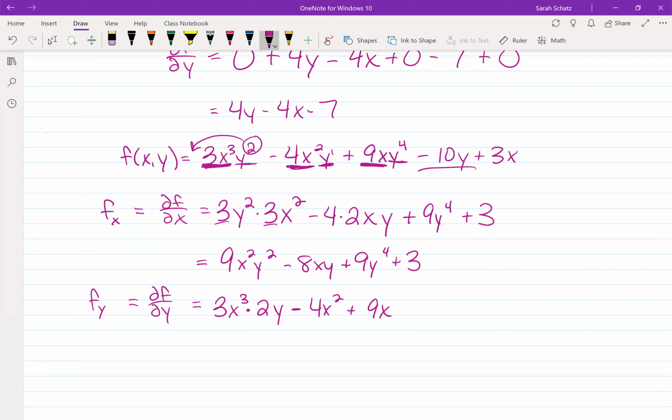I bring the 4 down in front also and take 1 away and get 4y cubed. The minus 10y becomes minus 10, and the plus 3x goes away. So I end up with 6x cubed y minus 4x squared plus 36xy cubed minus 10.